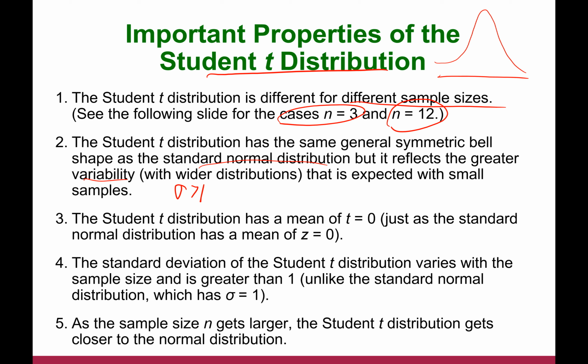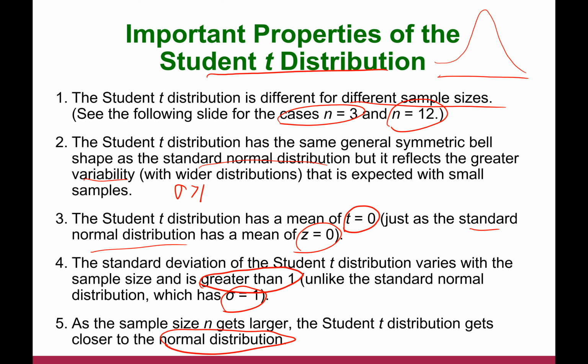So the student t distribution has a mean t equals 0, and compared to the standard normal distribution, z equals 0, very similar. The standard deviation of the student t distribution varies with the sample size and is usually greater than 1, compared to the standard normal distribution, where sigma is always equal to 1. As the sample size n gets bigger, the student t distribution gets closer to the normal distribution.